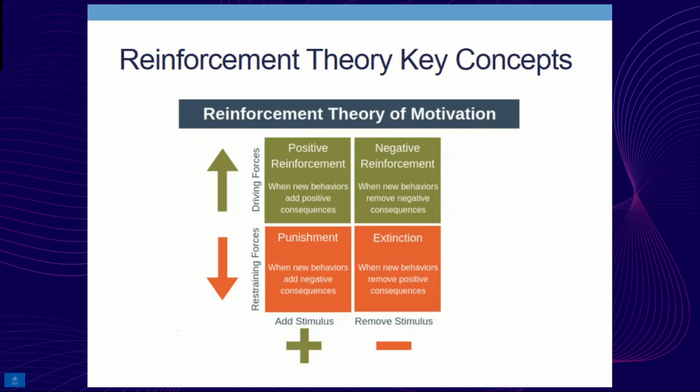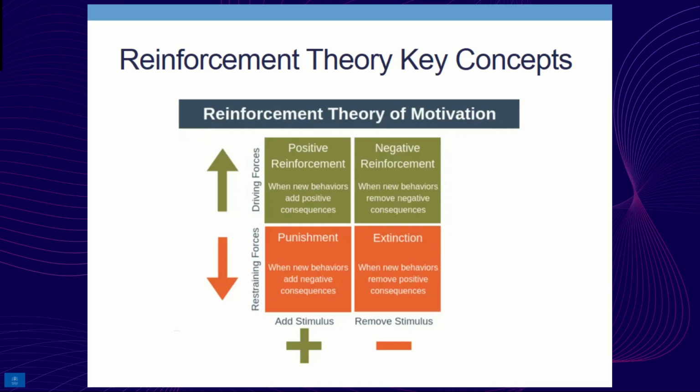Punishment happens when you use negative consequences in the workplace to deter or stop team members from undesirable behavior. For example, issuing an employee with a written warning for use of foul language is an example of punishment in action.